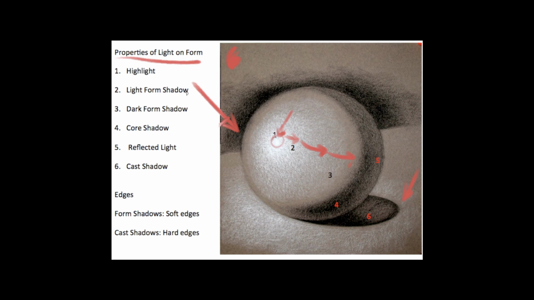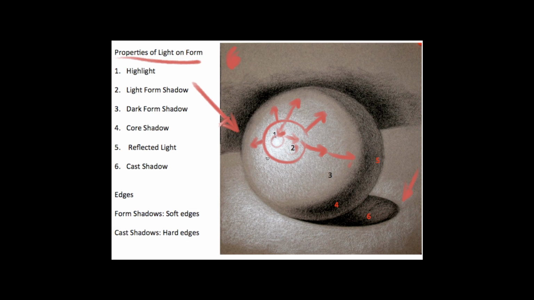I use shadow because everything that's not in light really is shadow, but it really means a little bit lesser light. So this area right in through here is light form shadow, a little bit less bright than the highlight.